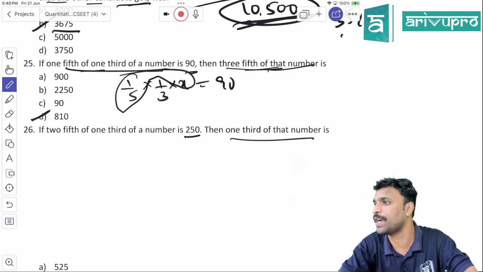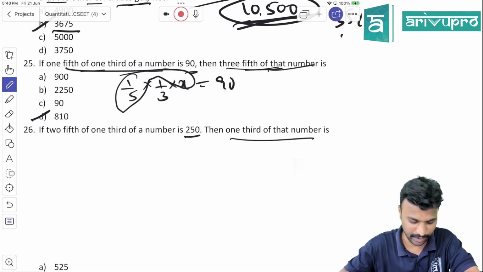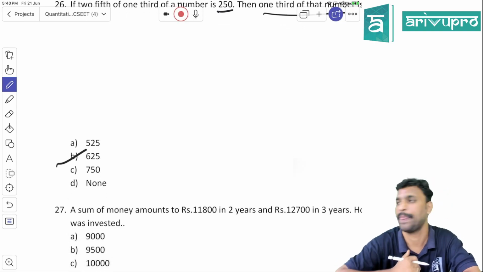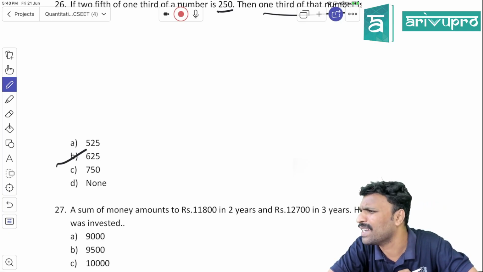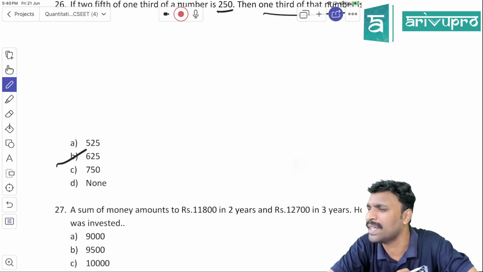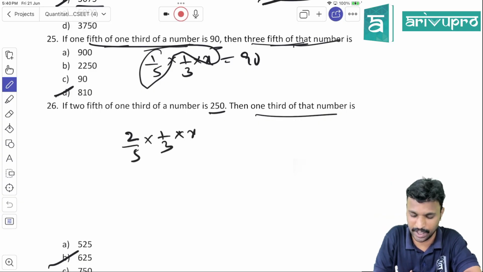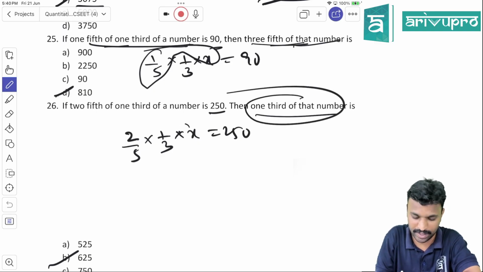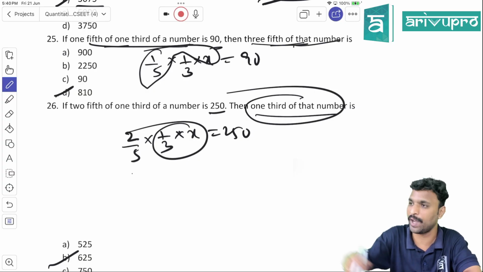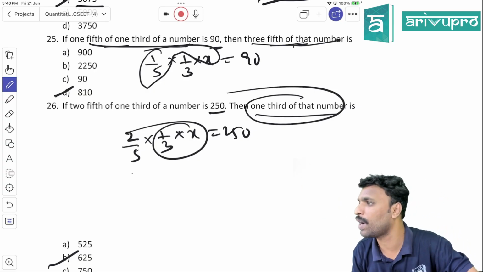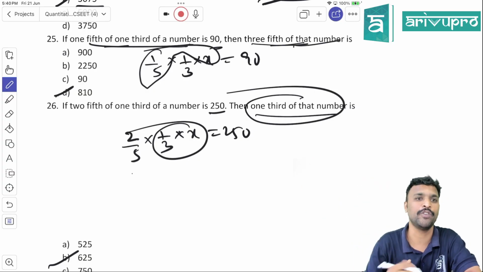What is 125 into 5? 625. Answer is option B. Are you getting it? 2/5 into 1/3 of a number is equal to 250. What do we need to find? 1/3 of the number. We should not disturb it. Only 2/5 should go to the other side and becomes 5/2. 250 into 5/2 is 625.